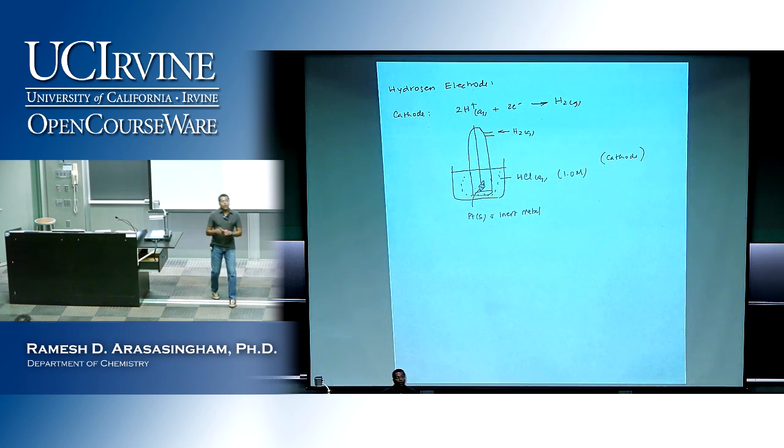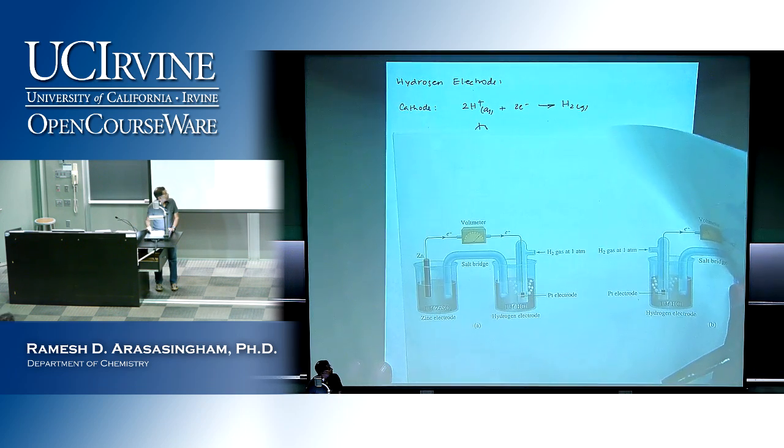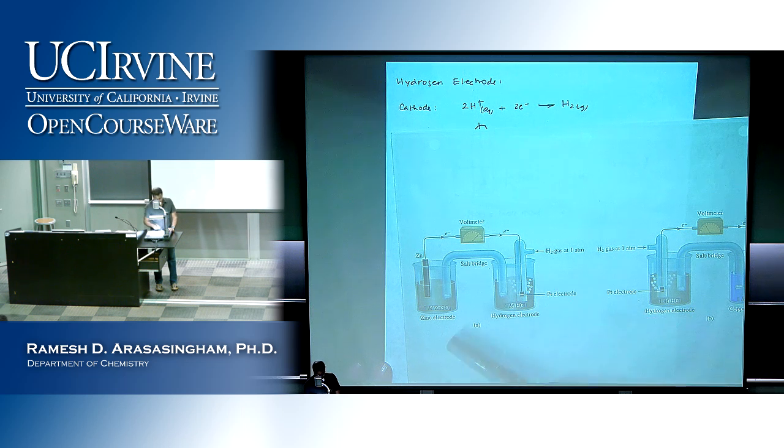All right? So if you wanted to look at a setup where your cathode was now a hydrogen electrode, this is what it would look like. Here on this side, we have the anode, and the anode is the zinc electrode. The cathode is a hydrogen electrode.